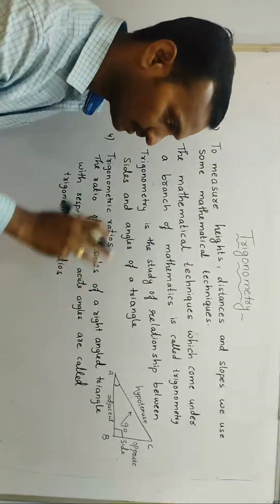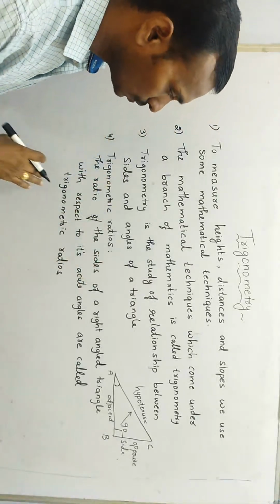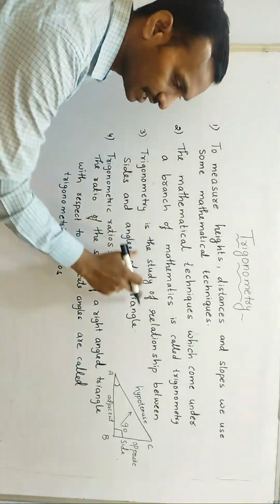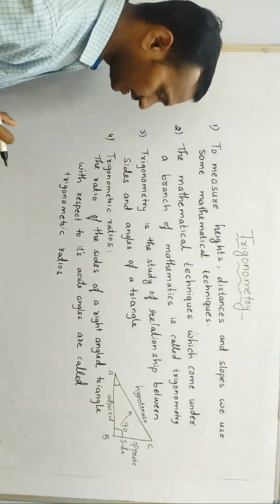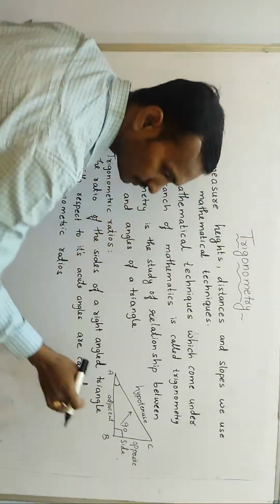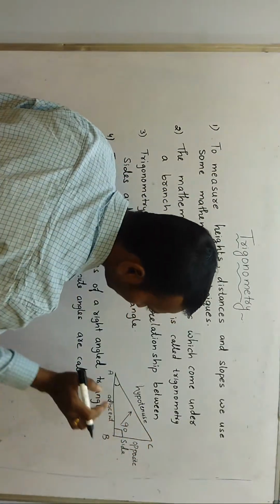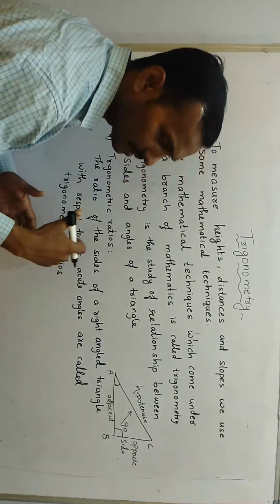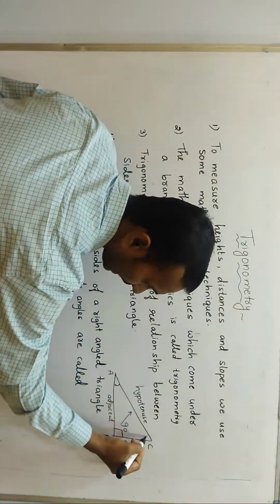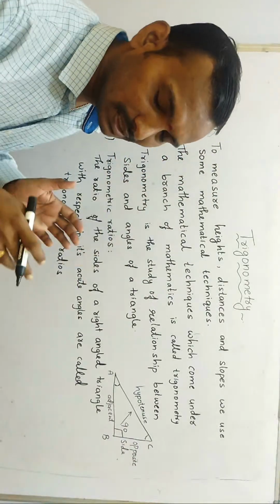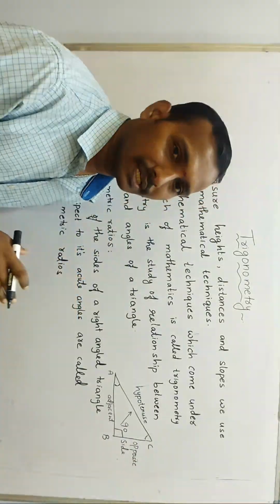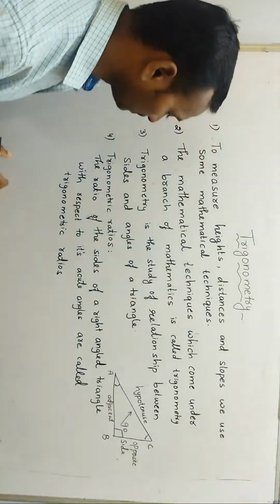Trigonometry is the study of the relationship between sides and angles of a triangle. Here the opposite side is there, the hypotenuse is there, and an angle is there. We are going to study the relationship between these sides and angles in this chapter.